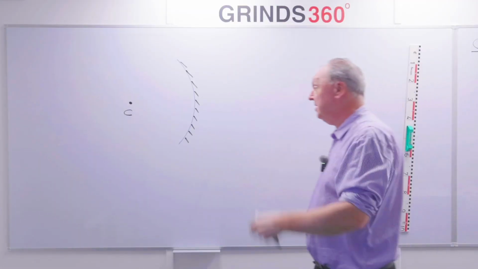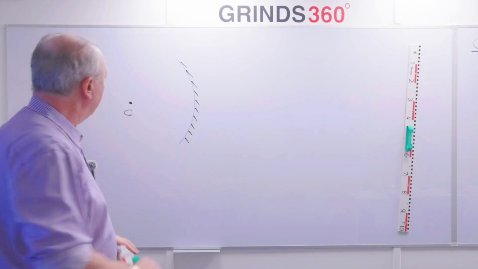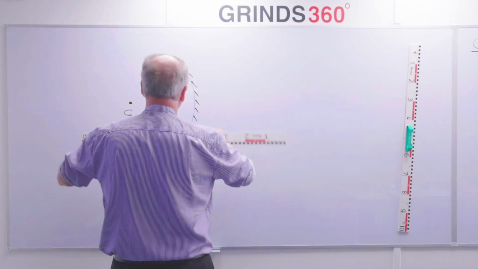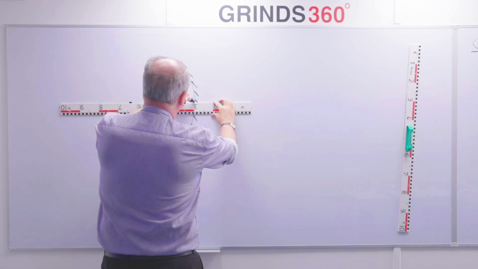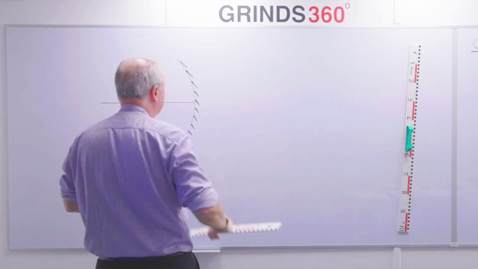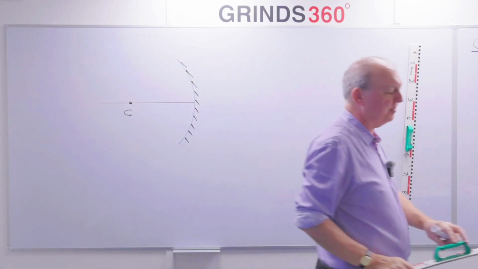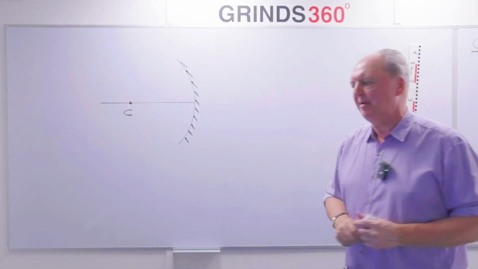So once again, here I've got a concave mirror. I'm going to draw in, once again, my principal axis, which will go from the pole out through the center. There's my principal axis. I'm going to shine a ray of light onto that mirror.